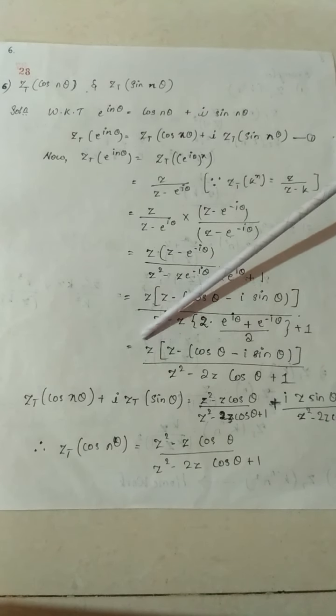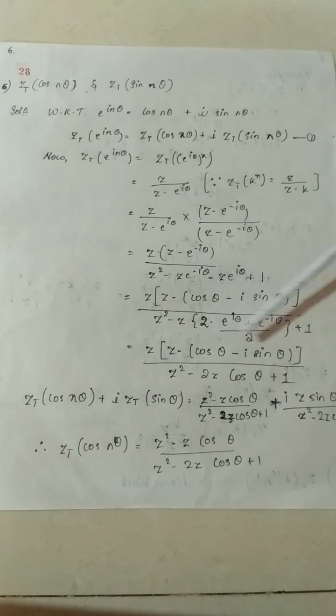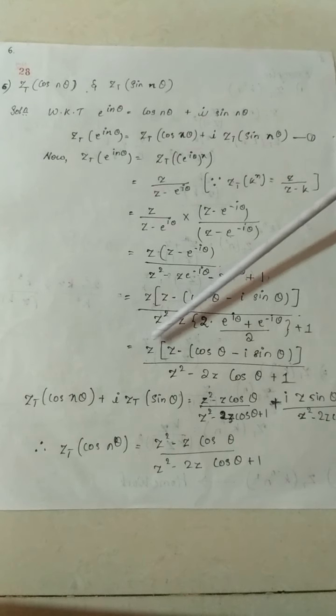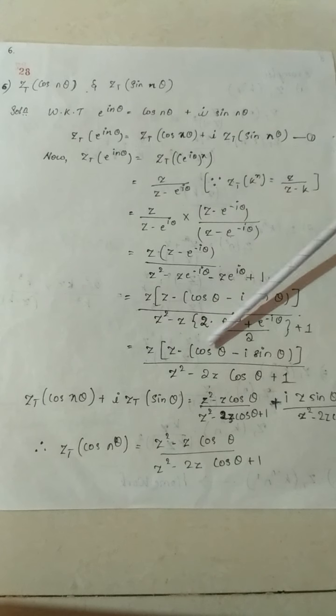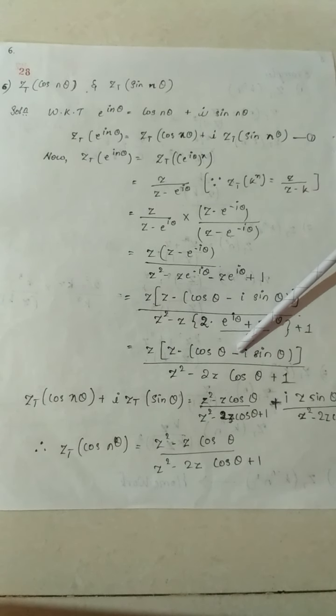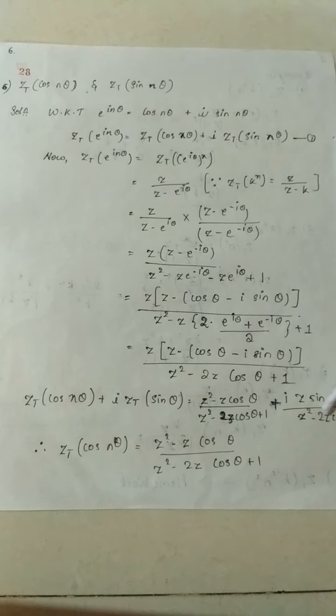Now here multiply z to real part once, multiply z to imaginary part once. If you multiply z to real part, that is z into z square, z into cos theta, then minus this becomes plus z into i sin theta in the denominator.